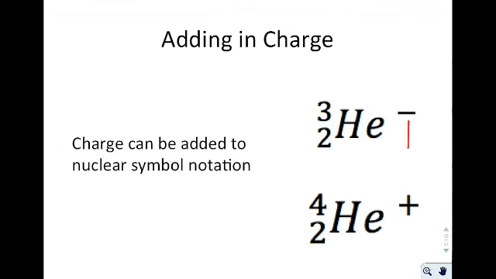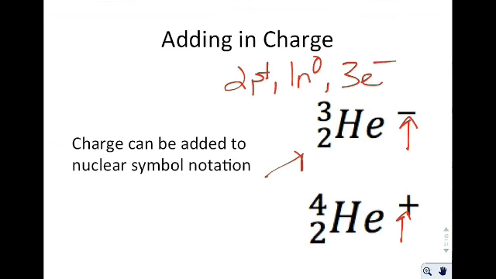You can also put in the ionic notation right there that indicates the difference between protons and electrons. So in this particular case, I would say that this atom has 2 protons, 1 neutron, and 3 electrons based on this nuclear symbol notation.